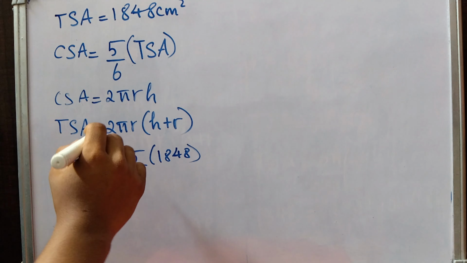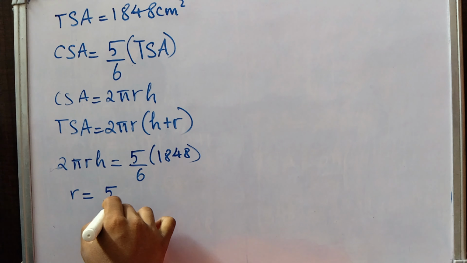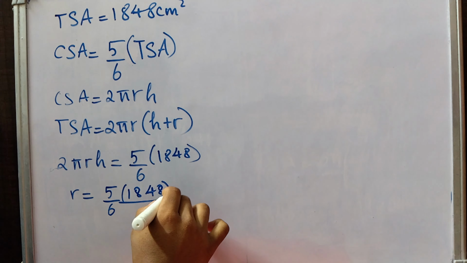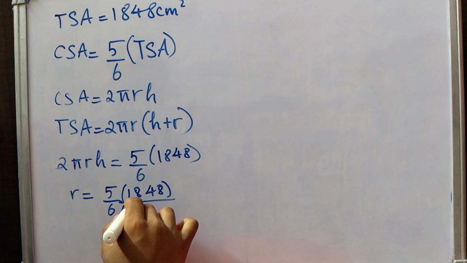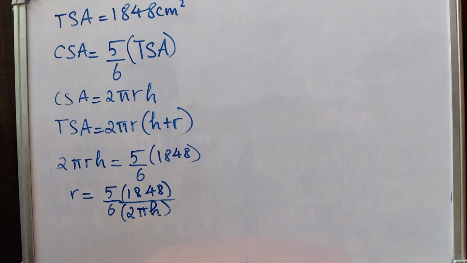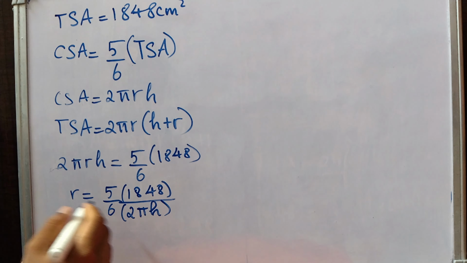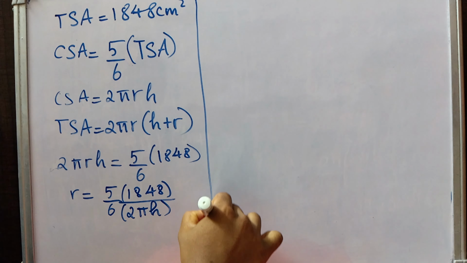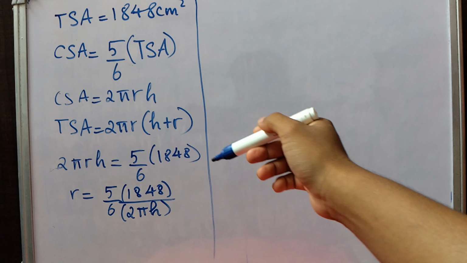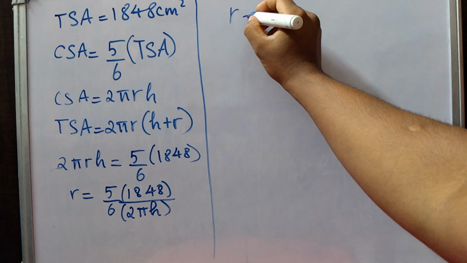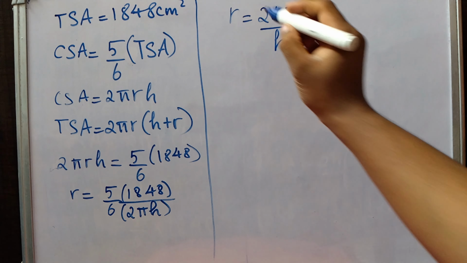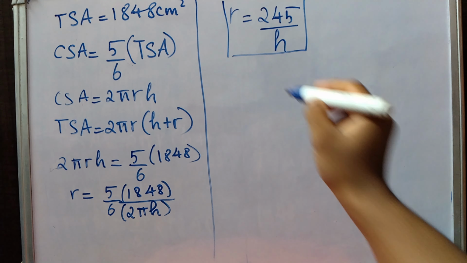R is equal to 5/6 into 1848 divided by 2 pi H. The bracket just means multiplication. On simplifying, substituting pi as 22/7, we get R is equal to 245 divided by H. This is the relationship we have found between R and H.